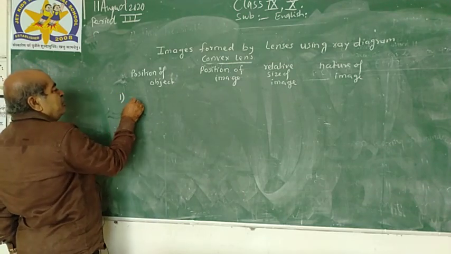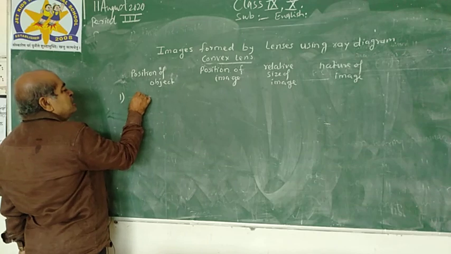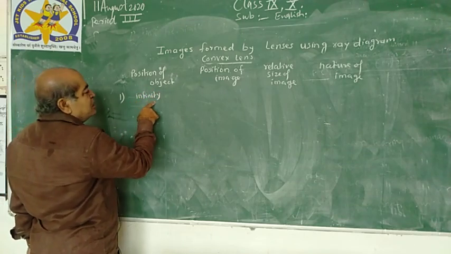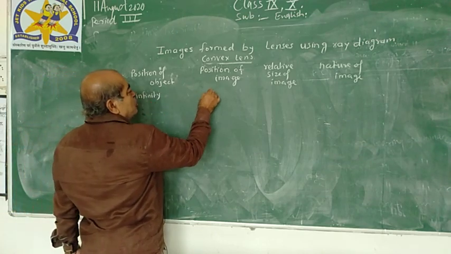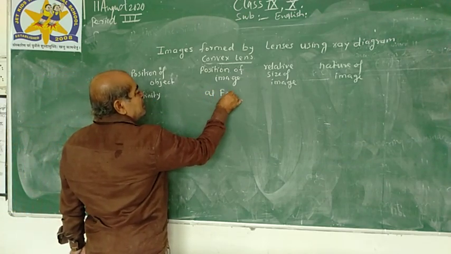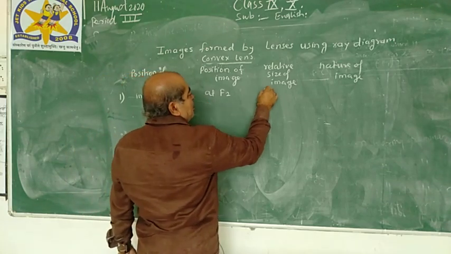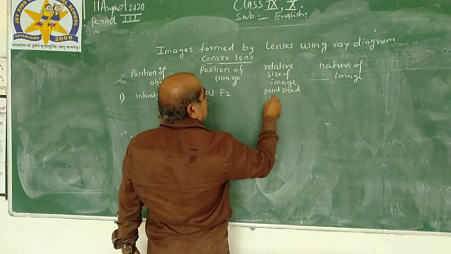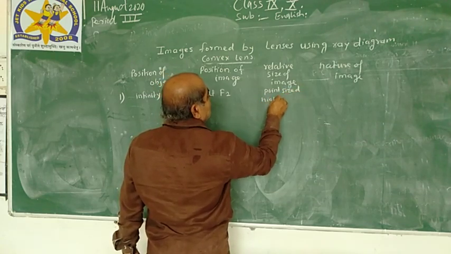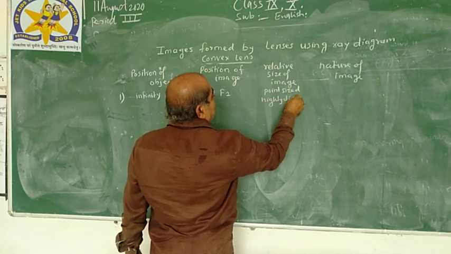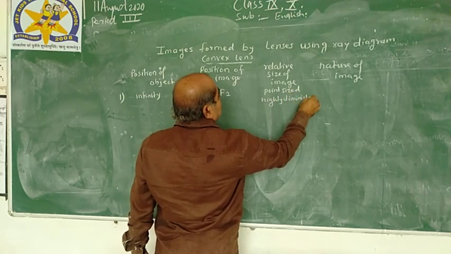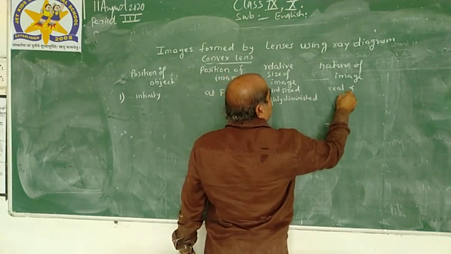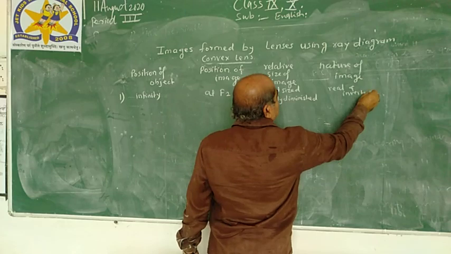So when the position of the object is at infinity, the position of the image is at F2, it is point sized and highly diminished, and the nature of the image is real and inverted.